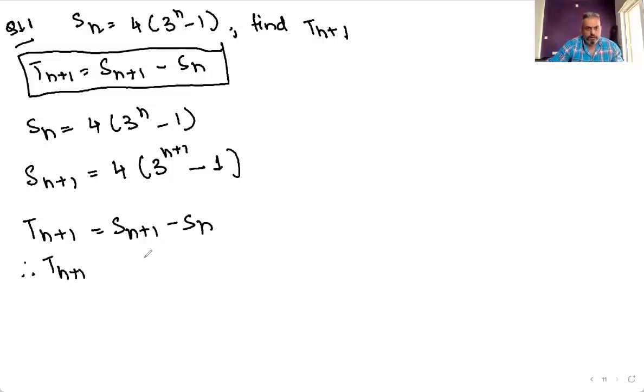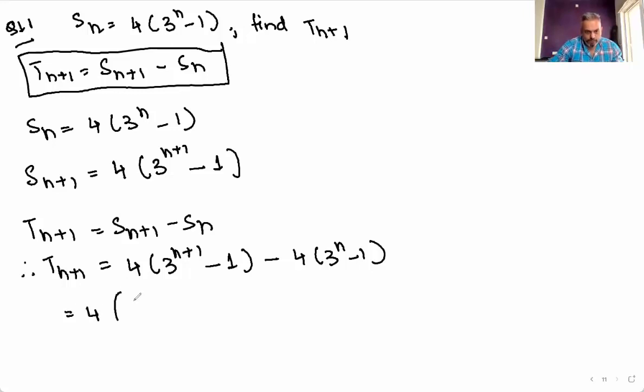Tn plus 1 is equal to 4 into 3 raised to n plus 1 minus 1 minus Sn, which is 4 into 3 raised to n minus 1. Now what we do is we will take 4 common. So 3 raised to n plus 1 minus 1 minus 3 raised to n, and plus 1, minus 1 cancel.